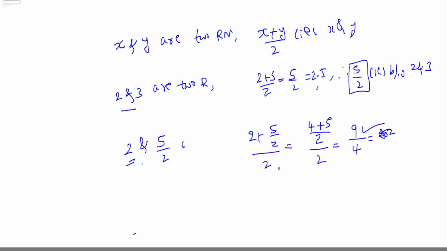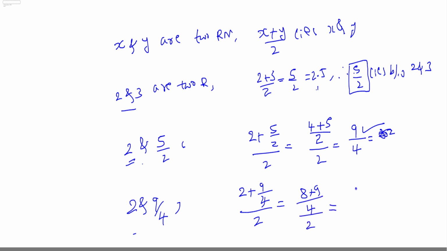Again, if you want to find more numbers, we need to take 2 and 9 by 4. If you take 2 plus 9 by 4 divided by 2, this becomes 8 plus 9 by 4 divided by 2, and this becomes 17 by 8.